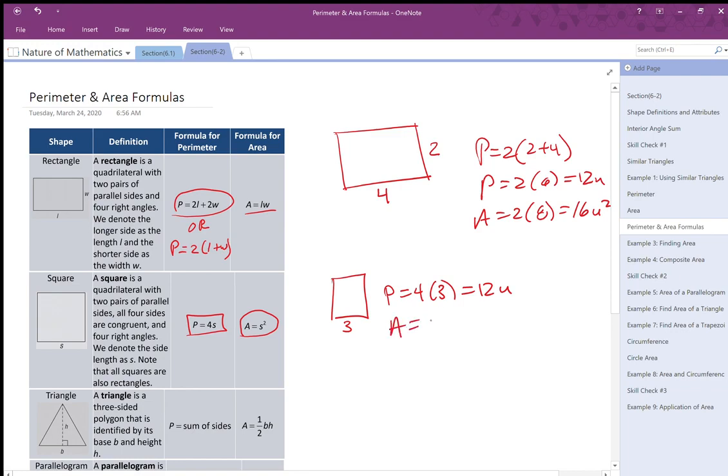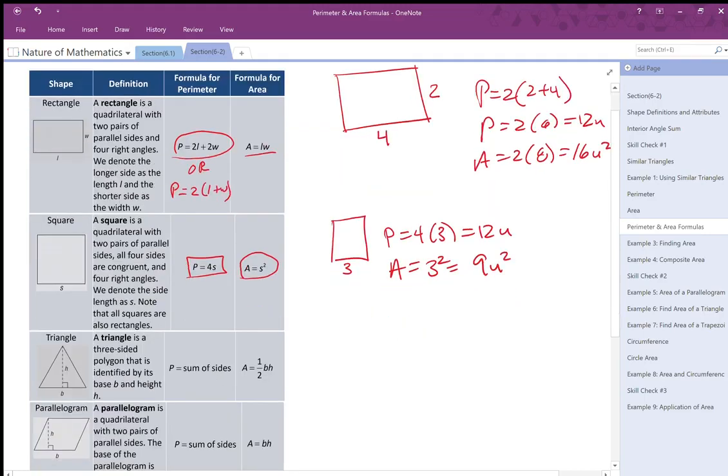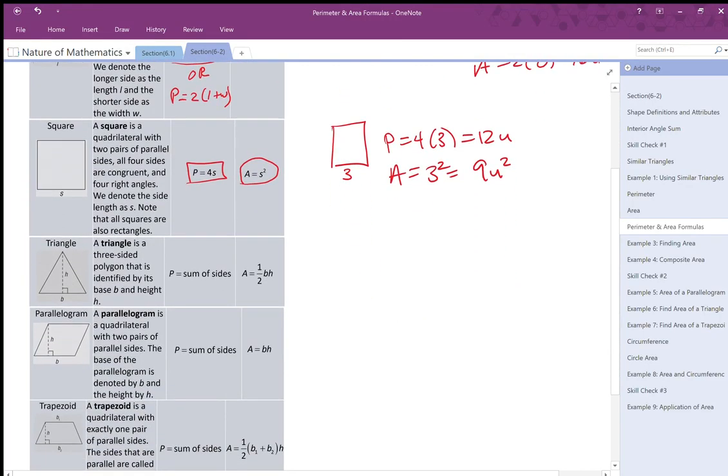Area would be 3 squared, which is 9 units squared. A triangle has a perimeter, which is the sum of the 3 sides, and an area, which is 1/2 base times height.